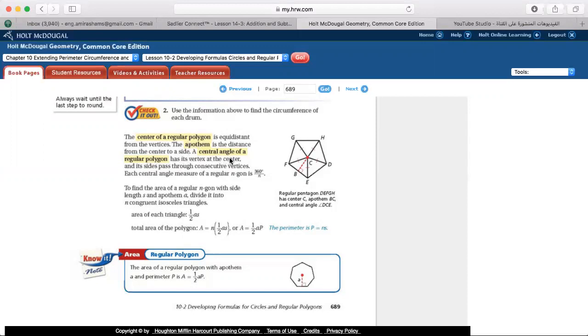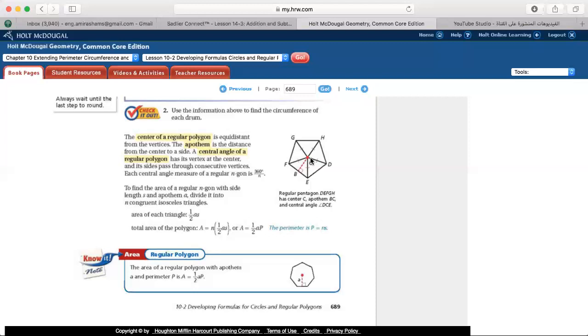A central angle of a regular polygon has its vertex at the center and its sides pass through consecutive vertices. The central angle is like here angle CDCE or HCD or HCG or GCF or FCE.